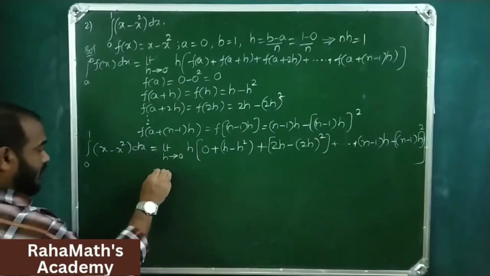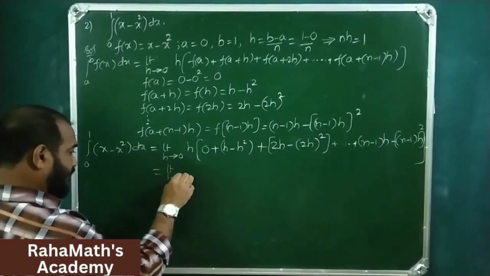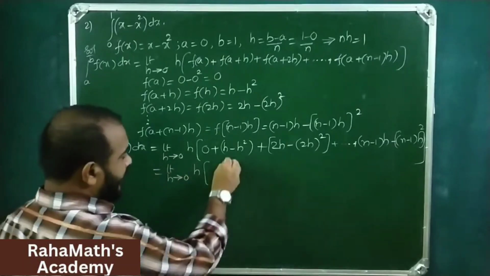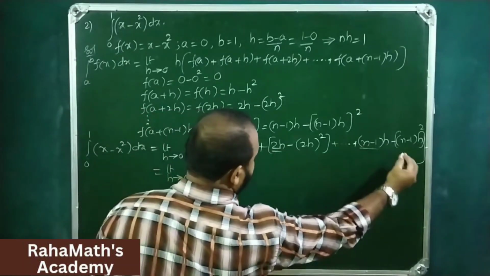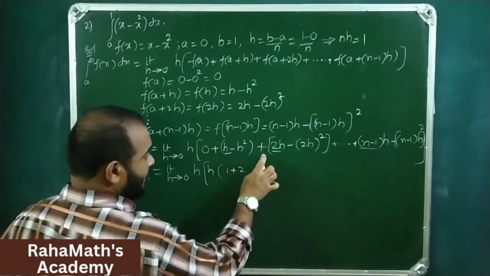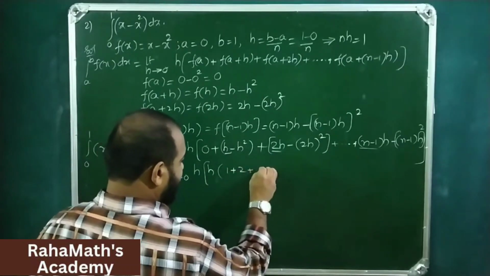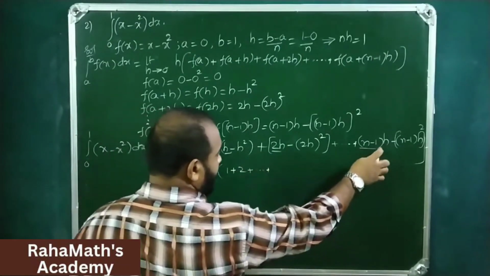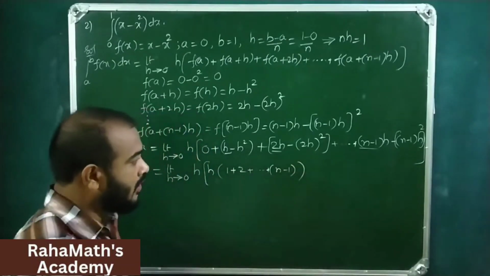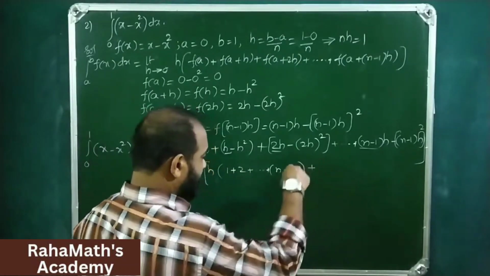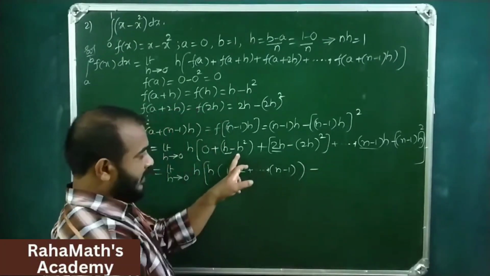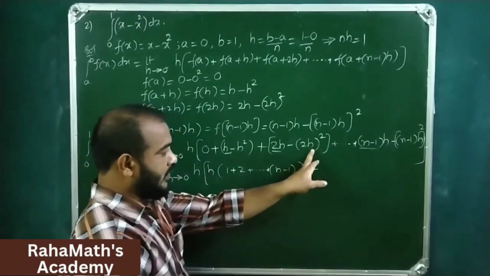That is equals to limit h tends to 0, h into here h, 2h, etc. n minus 1 h. If I take h in common, 1 plus 2 plus etc. n minus 1. Okay, so that is equals plus here minus h square, 2h whole square.